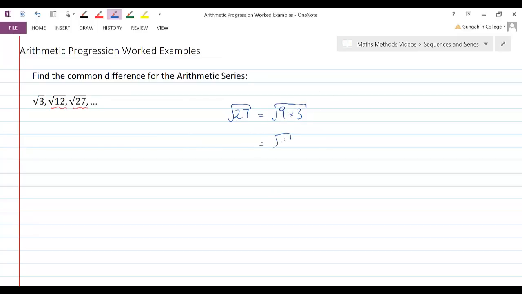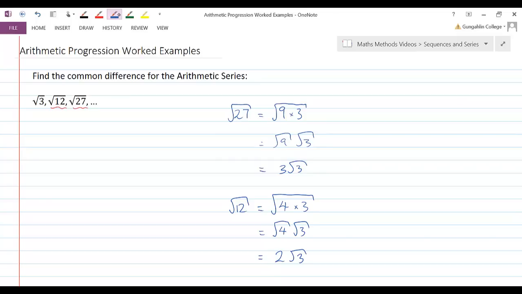So this is the square root of 9 times the square root of 3, and that's 3 root 3. For the square root of 12, in the same way, I can break it up into two factors where one of them is a square number. This time it's 4 and 3. Using the same logic, this is the square root of 4 times the square root of 3, so 2 root 3 is that term there.